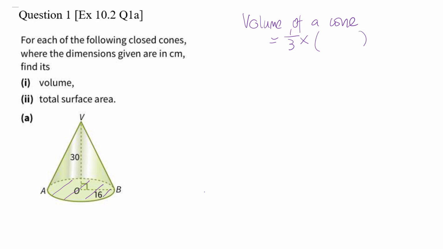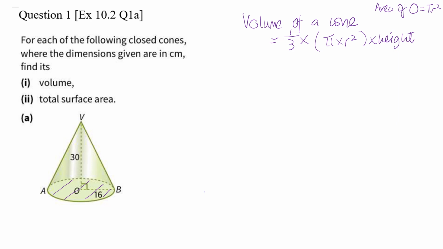So how do you find the area of a circle? Yes, it's pi r squared. So the volume of a cone will be 1/3 times pi r squared times height.